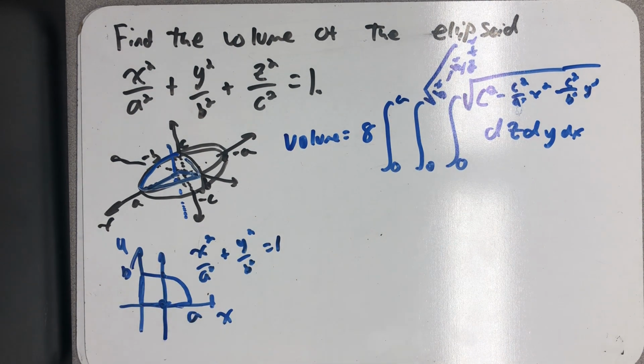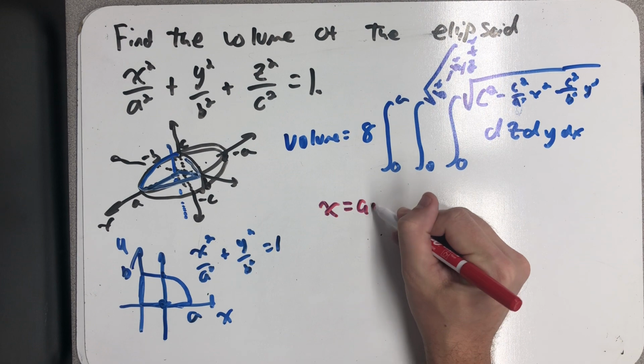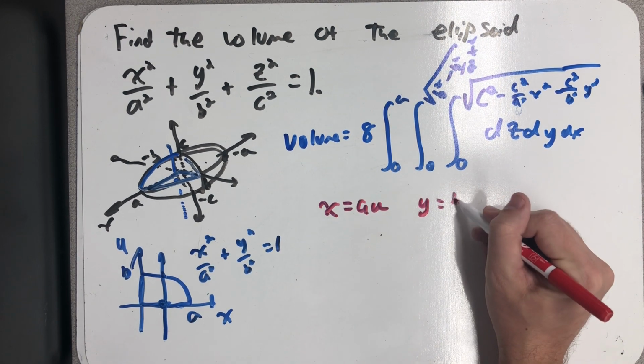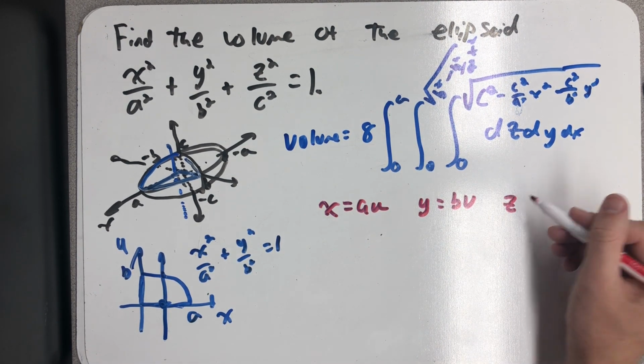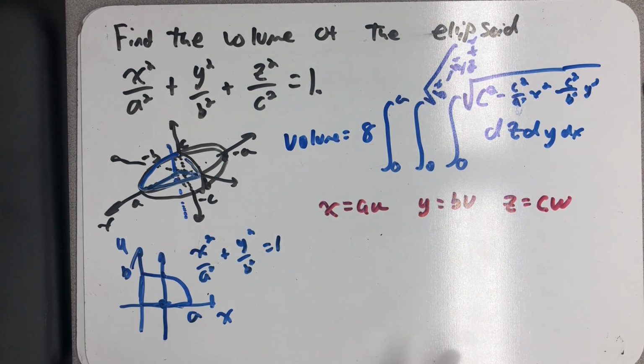And if you're comfortable integrating that, go on and do it. But I was thinking about trying to use a clever substitution, trying to make this problem just a little bit easier. And so what I'm going to do is choose the substitution x equals a times u, y equals b times v, and z equals c times w.